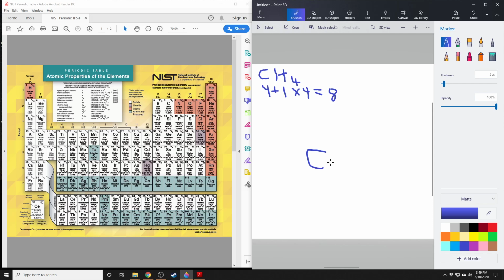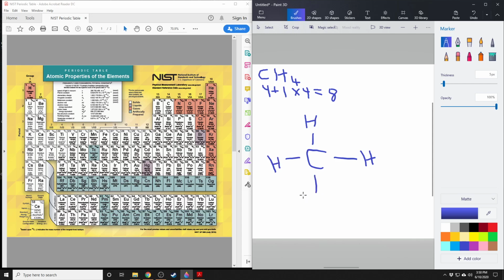So we're going to put single bonds going off of the carbon to all the other atoms that we need to write out. And so we have 4 hydrogen atoms that we have not accounted for. And so we will write in 4 hydrogen atoms with single bonds to the carbon.